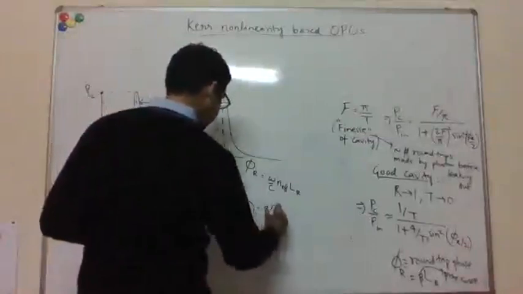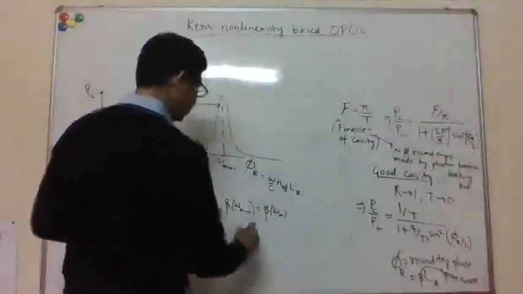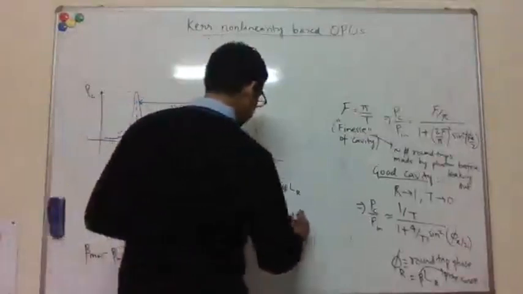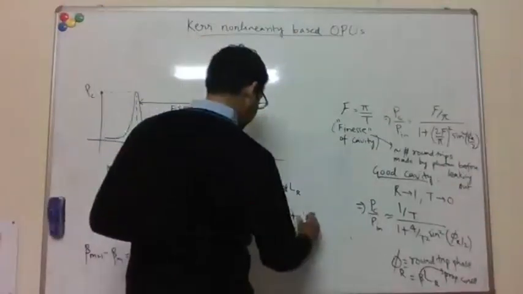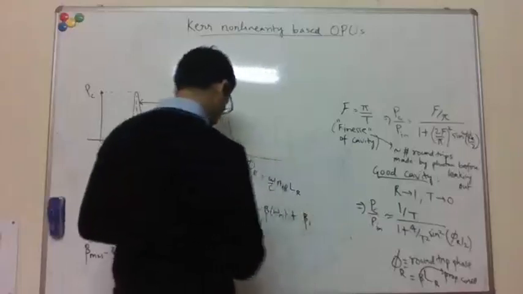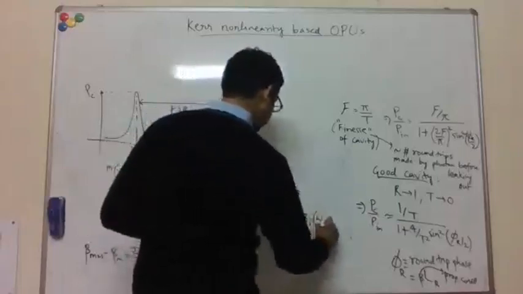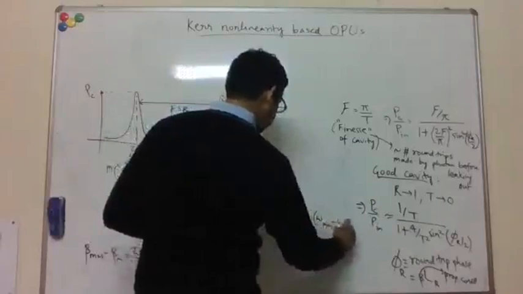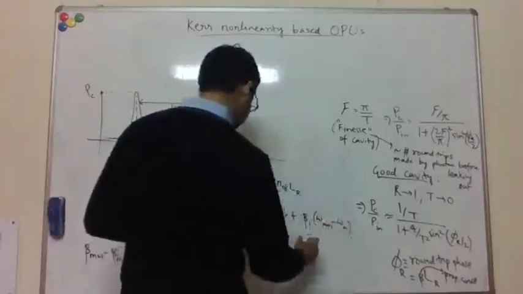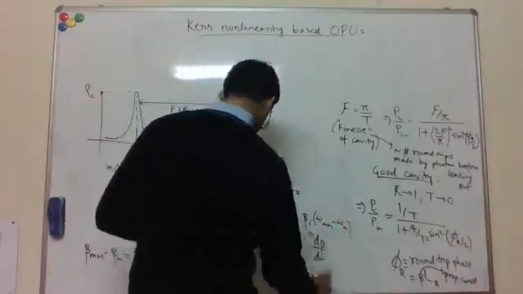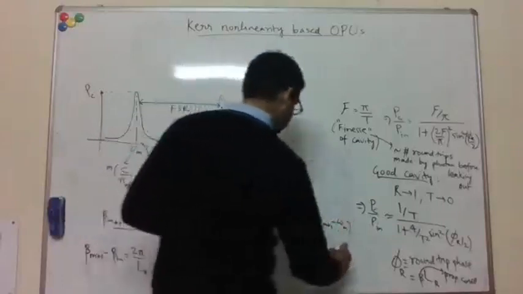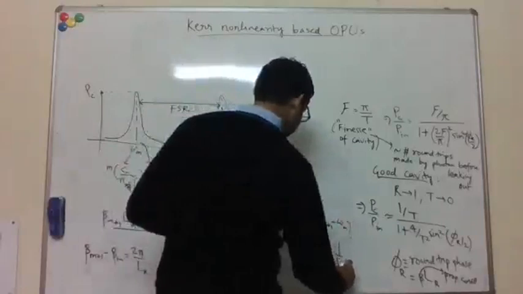That I can write as beta at the frequency omega m, since I do a Taylor expansion about omega m, plus beta 1 times omega m plus 1 minus omega m. And this beta 1 is basically the first derivative of beta, which is 1 over the group velocity.